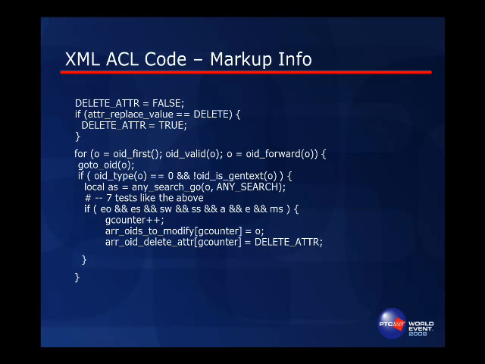I want to stop here. When you're actually doing a tree walk, you actually can get an OID of generated text. So you don't want to allow them to try and change generated text. You'll get problems.